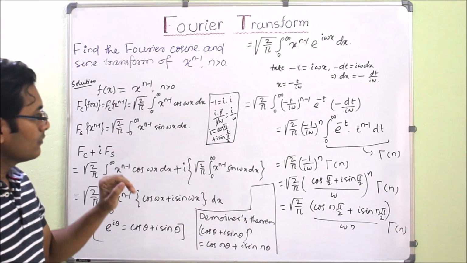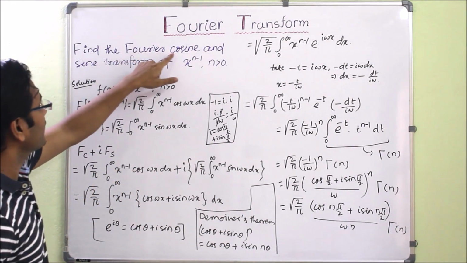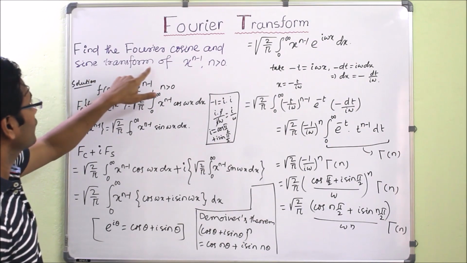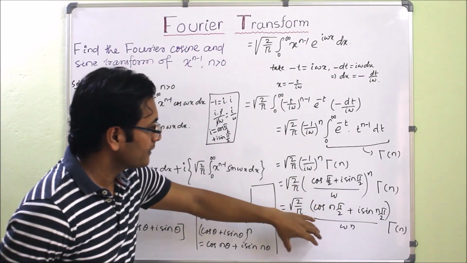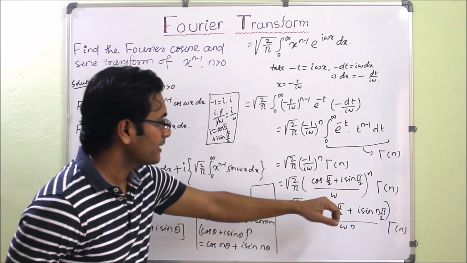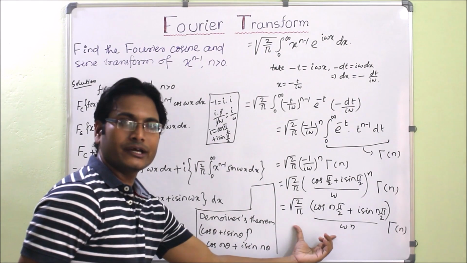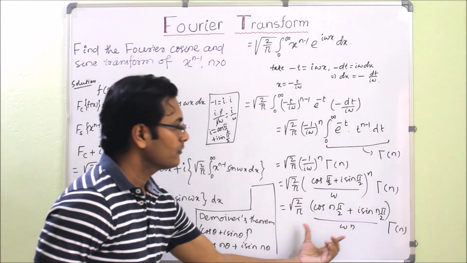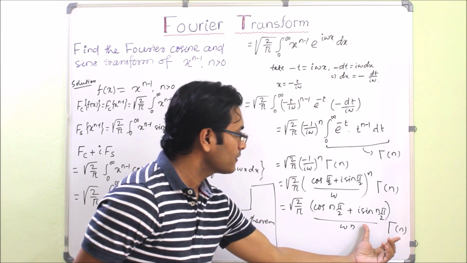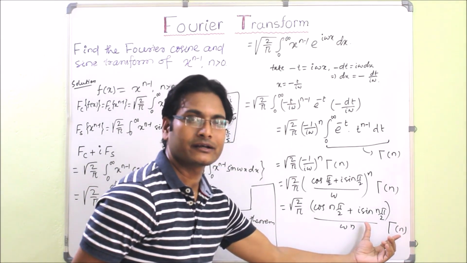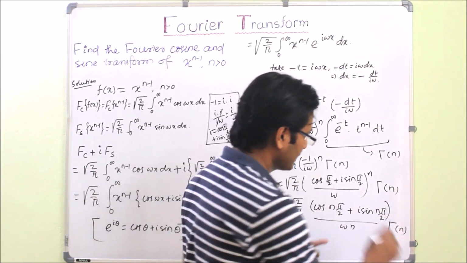Now what we have to do? The question is that we have to find the Fourier cosine and Fourier sine transform. So from this we have to find the Fourier cosine and Fourier sine. How to do it? The real part will give the Fourier cosine transform, whereas the Fourier sine transform will be the imaginary part. So we have to separate and find the answer.